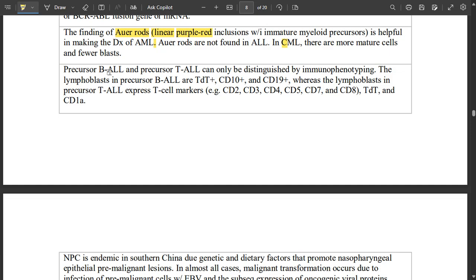Because it is ALL, TdT is positive, and CD10 and CD19 are more specific to B cells. In pre-T-ALL, the T-cell markers are CD2, 3, 4, 5, 7, and 8. TdT is positive because it is ALL, and CD1a is also positive in pre-T-ALL.